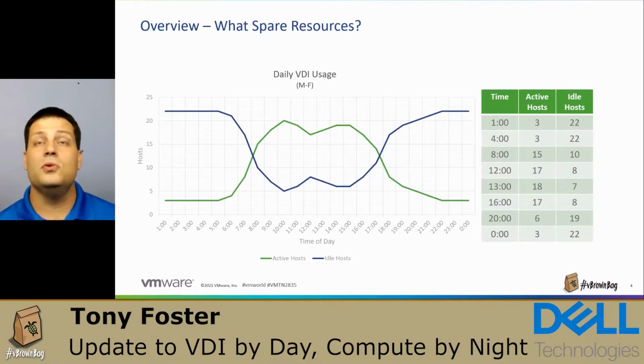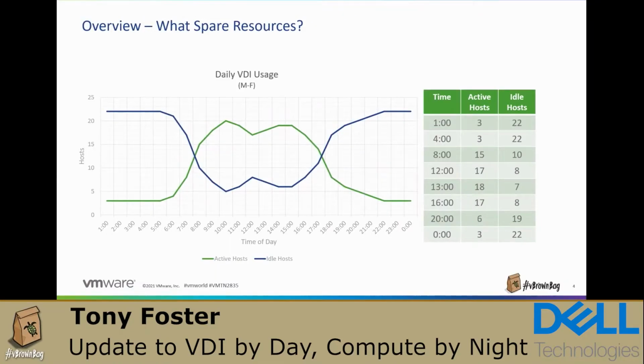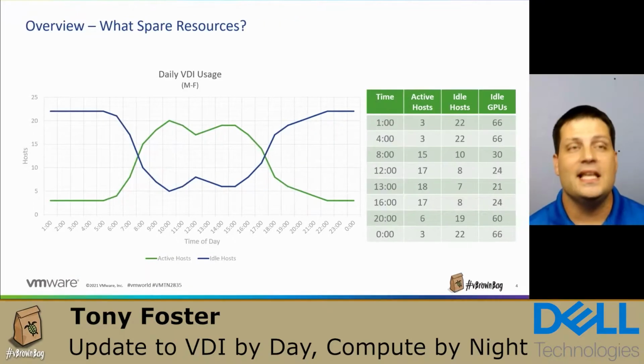So if we were to put that in perspective and graph out what our idle hosts look like, you'd see that idle hosts are inverse to what our active hosts are, which is what we expect. And if we say that each one of those hosts has 3 GPUs in it, we can see how many idle GPUs we wind up having in the environment.